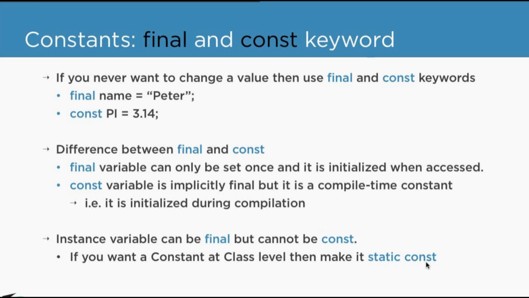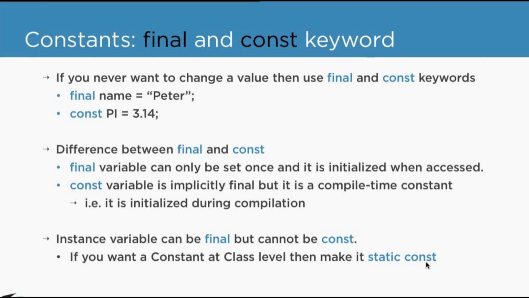It is a compile time constant. Now, what does it mean? It simply means it is initialized during compilation. So when you compile your program, the value will be initialized and the memory will be allocated. No matter if you use this pi in your program or not, storage will be allocated. So this is the difference between final and constant keyword.